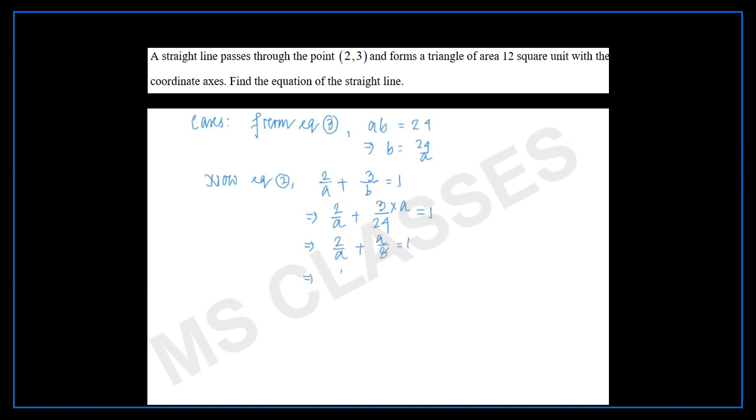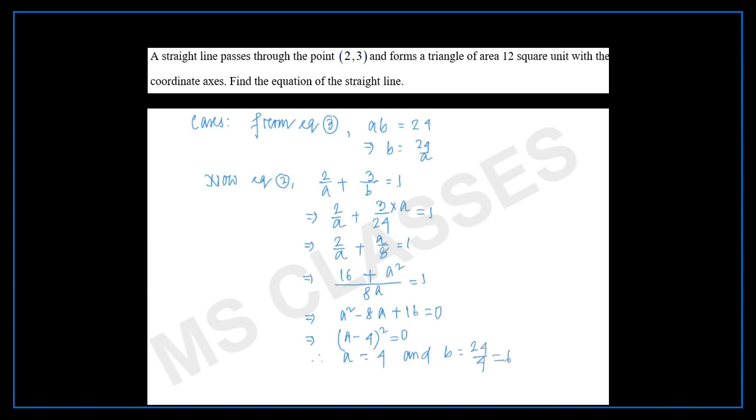This gives us 16 plus A square by 8A equal to 1, so A square minus 8A plus 16 equal to 0. This gives A minus 4 whole square equal to 0, and therefore A equal to 4. Then B will be 24 by 4, which is 6.